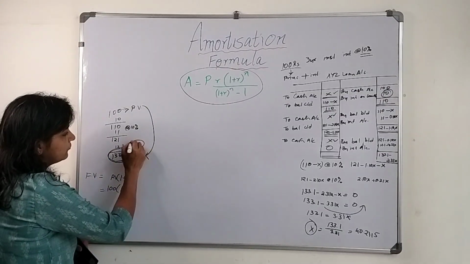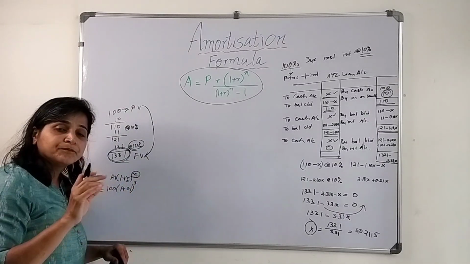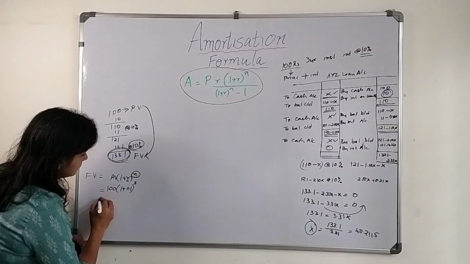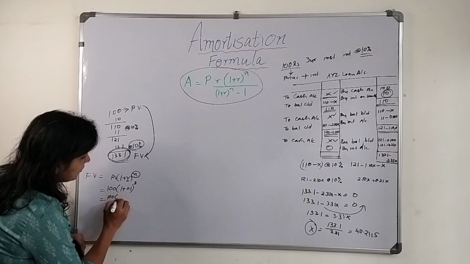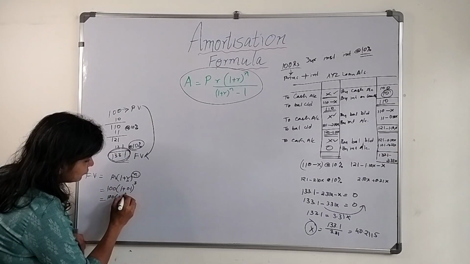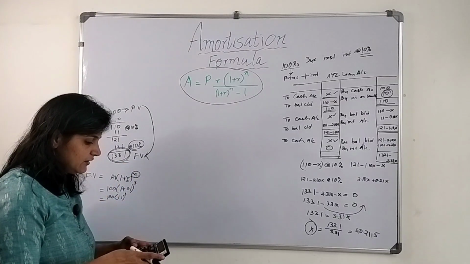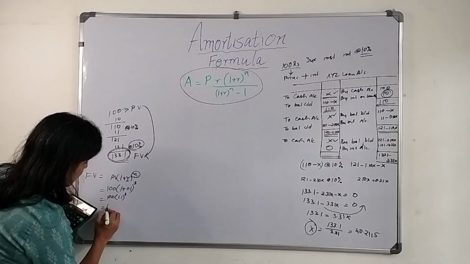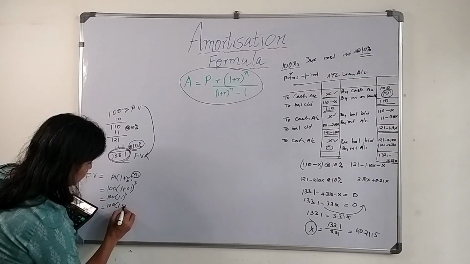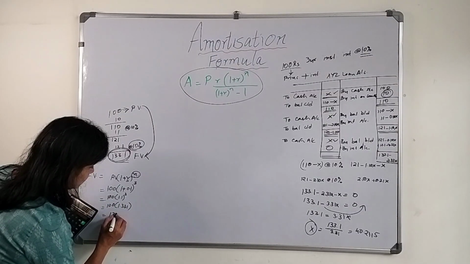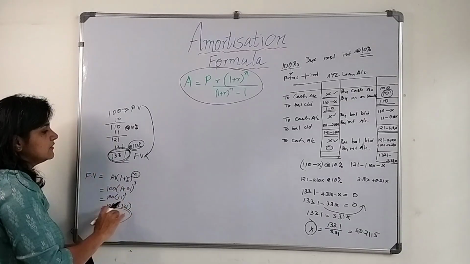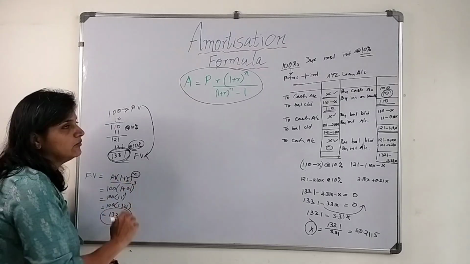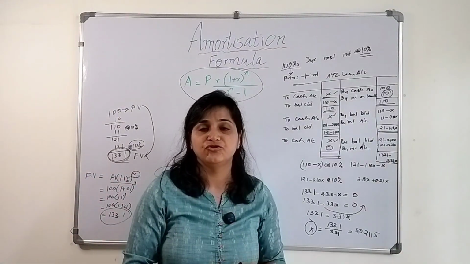R is the rate of interest, n is the period, the number of years the amount is due. So 100 into 1.1 factorized 3 times, that is 100 into 1.331, so we get 133.1. This is the formula. We calculated it manually, and this is the formula for how to calculate the future value.